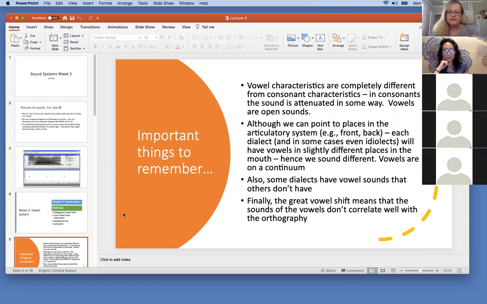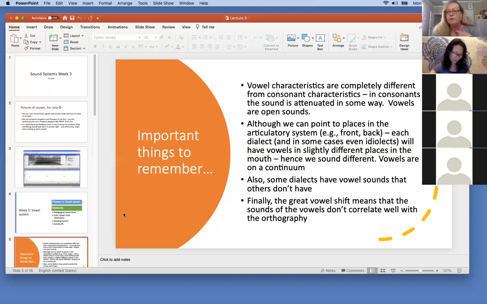Vowels are open sounds. So you can just keep saying them over and over again. It's the reason why doctors say ah, right? If they said it so that they can look down your throat, and they say ah. If they said duh, they wouldn't get you very far. They won't be able to see very much.